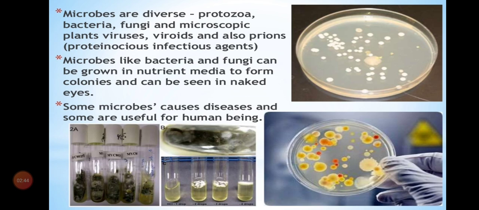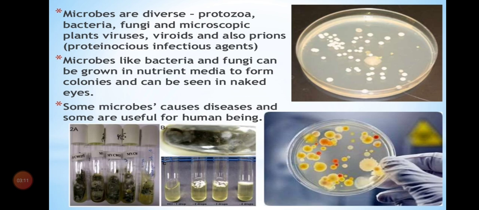So in what way it is going to help, only we are going to learn in this chapter, microbes in human welfare. Already we have learned about protozoa, that is your protista group, single celled eukaryotes. Bacteria, Monera, prokaryotes. Fungi, separate kingdom. And plant viruses, we have learned tobacco mosaic virus. So many plant viruses we have learned. And viroids. What is viroids?